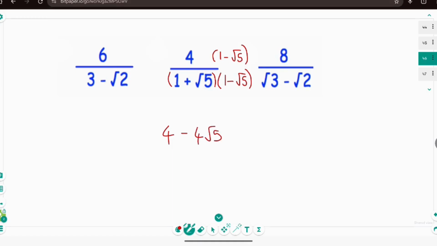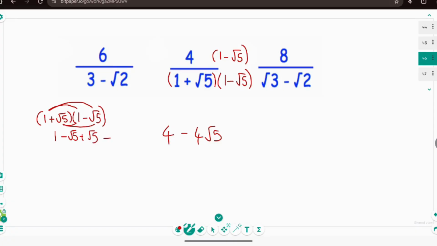On the denominator, one times 1 is 1. Minus 1 root 5. Plus root 5.